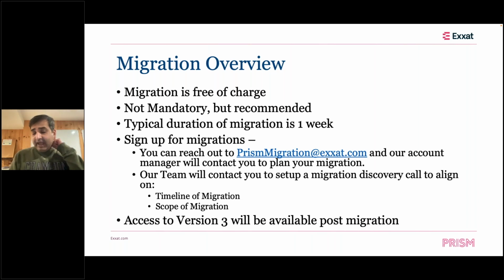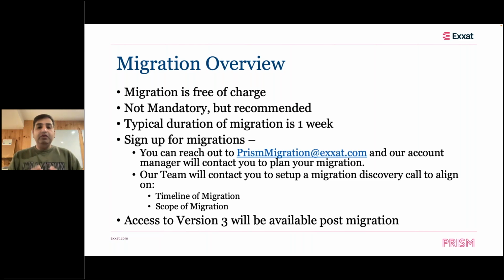Migration takes 1 week to move you from version 3 to Prism. The way it works is, you can reach out to us via the email address on this slide, prismmigration@exact.com, and our account manager will contact you and schedule a call to go into more details about which cohorts we need to migrate and which placements will get migrated.